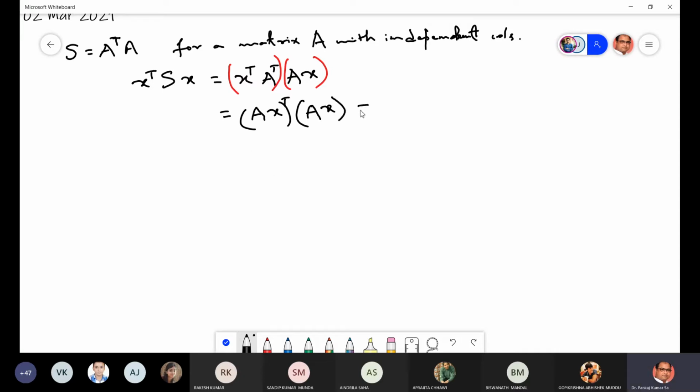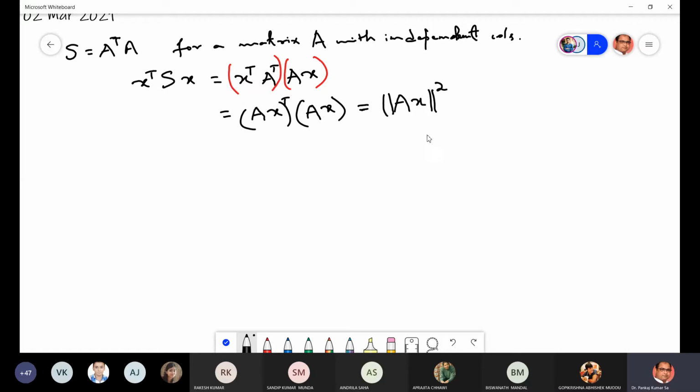And what does this mean? This is nothing but a square, right? That's what we write as the norm 2 of the vector. Long back in one class we studied this.